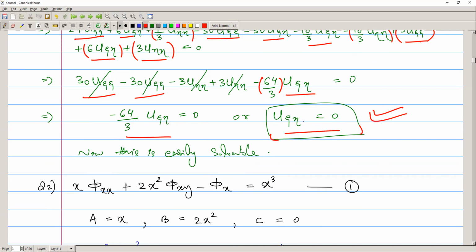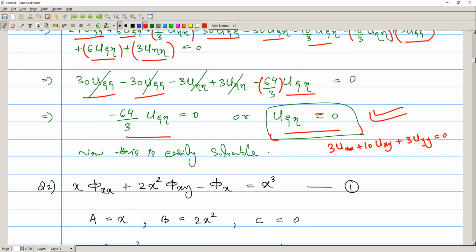And you can see that now from this equation, we reduced and we are only left with this one, right? And it's easily solvable. It's a separable equation basically, right?